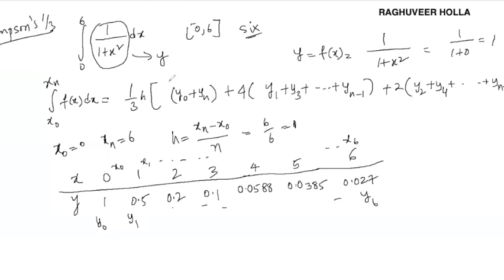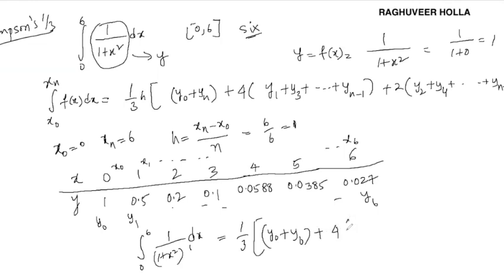Comparing with the formula, the integral from 0 to 6 of 1 by 1 plus x square dx equals 1/3 of 1, which is the same 1/3, times y0 plus y6, plus 4 times the odd terms y1, y3 and y5, and 2 times y2, y4.